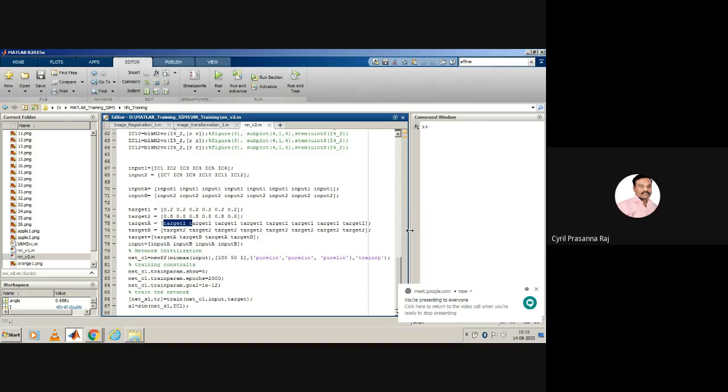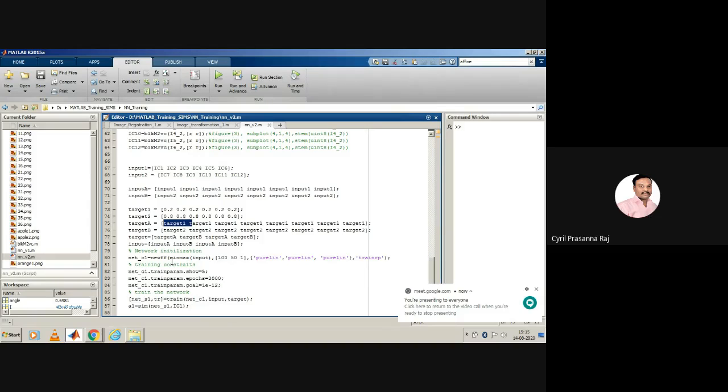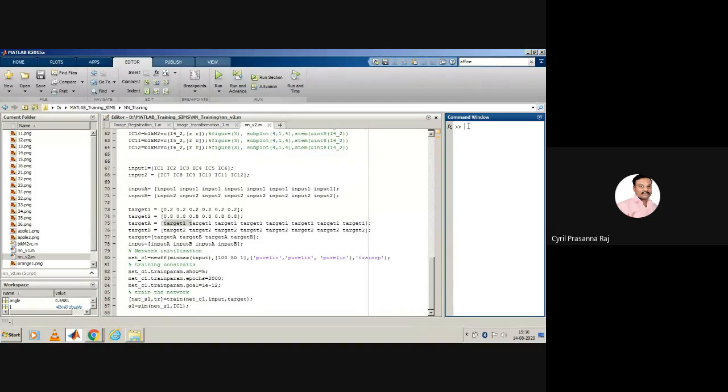Then what we do is, we are defining a neural network, because your input size is 16 cross 16. If you take 16 cross 16, when you convert from rows to columns, it will now become 256 columns. That means it will have 256 elements in that column.